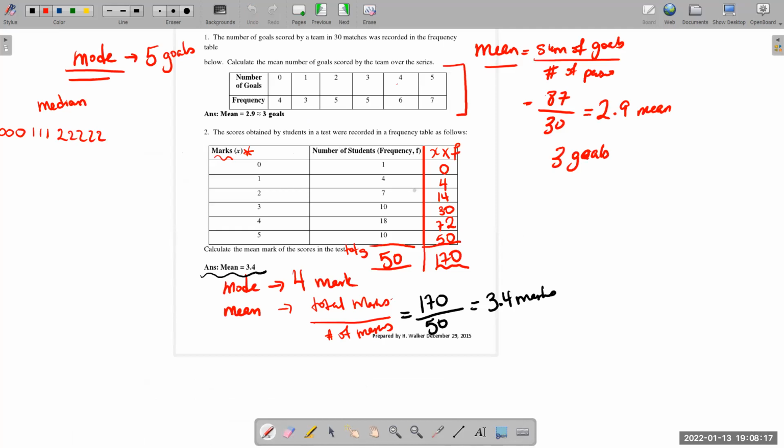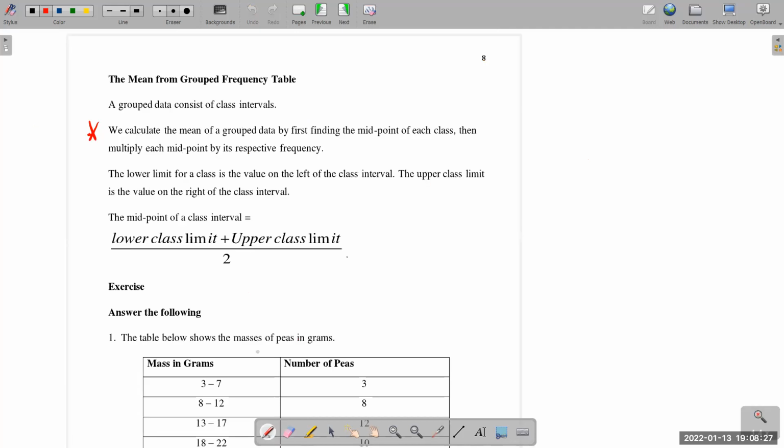Here, we didn't find the midpoint. We had to find what? The total in it. So we had to multiply. But then at the end, we still had to use these two numbers. For group data now, instead of finding the product, what did we have to find first? We had to find the midpoint and then multiply each midpoint by its respective frequency.